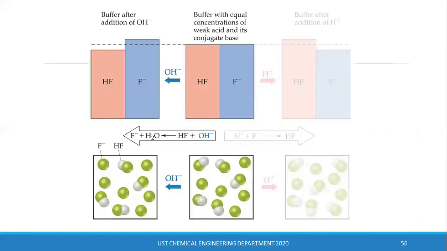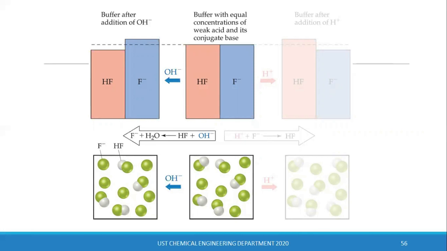Focus your attention first on the top diagrams. The middle diagrams represent the buffer solutions. If a small amount of hydroxide is added to an equimolar solution of HF, for example, in this reaction, the HF reacts with the OH minus to make F minus and water.